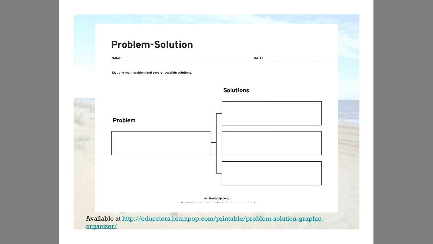So on the left you would write the problem that people faced, and then on the right hand side you could write the different solutions to the problem. So it's a way of visually representing how the information is presented in a text. And graphic organizers like these, research has shown that these are very useful for facilitating students' comprehension.